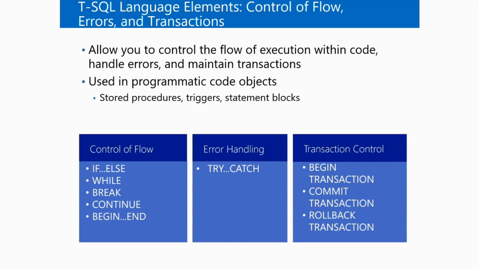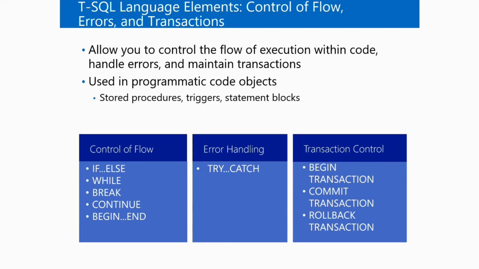If else statement is basically used to make a decision to execute a particular statement selectively. So that means that you specify a condition. If a condition is true, then that statement will be executed. Otherwise, it will not. Then while is used in case you want to perform a task repeatedly.